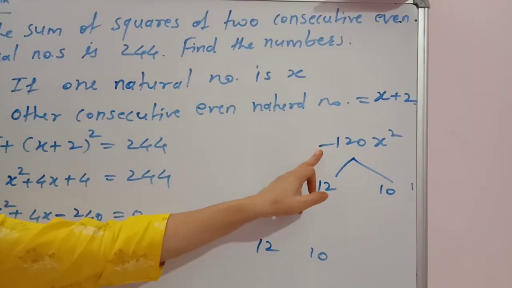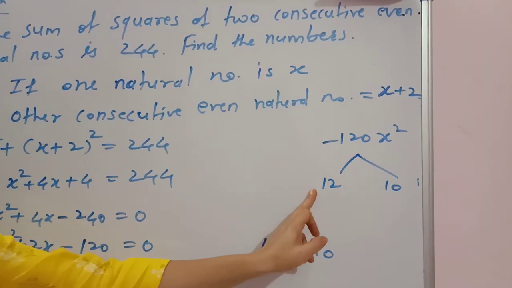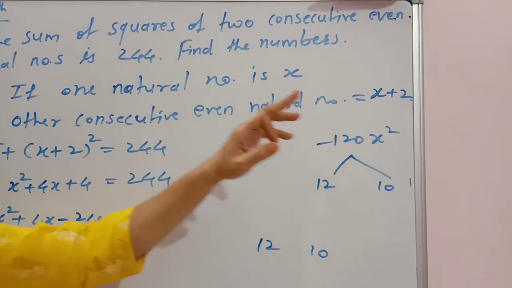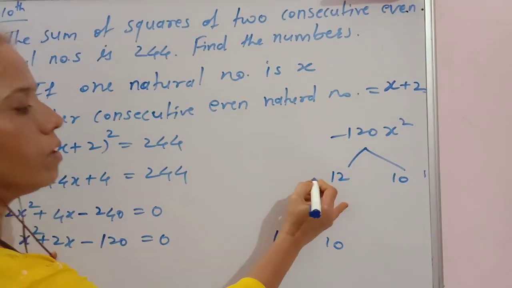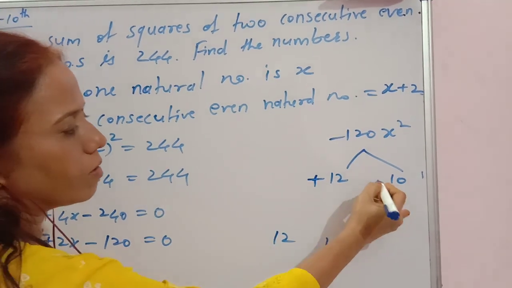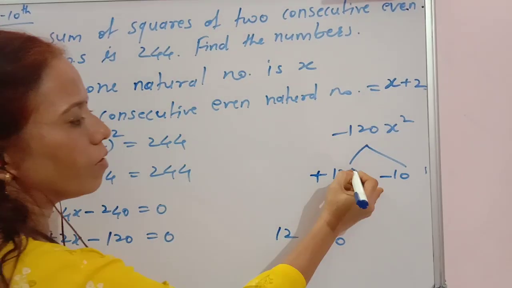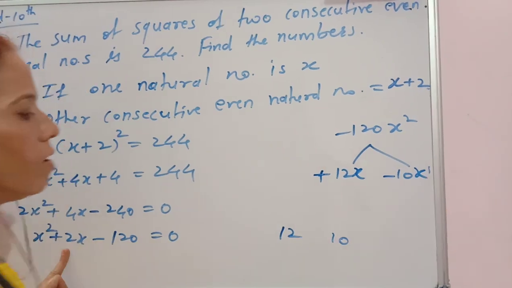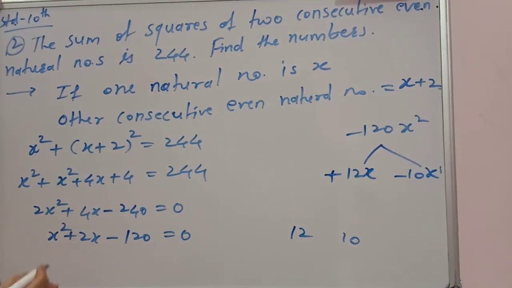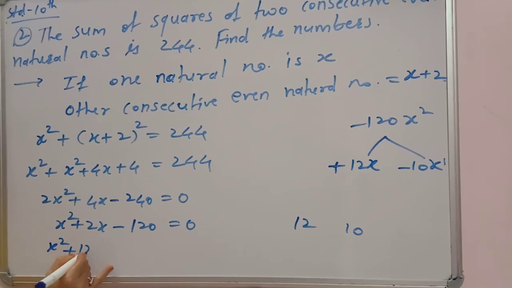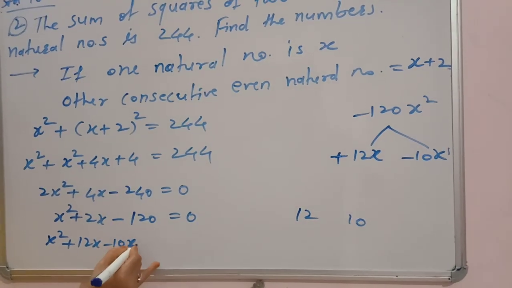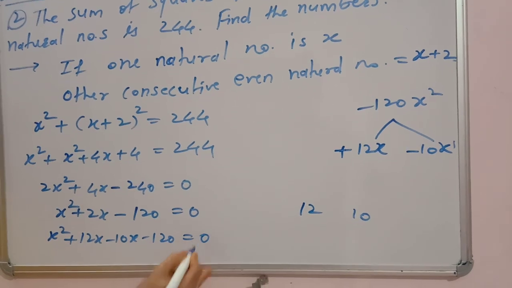The product is negative, so one factor is positive and the other negative. The middle term is positive, so the bigger factor will be positive and the smaller factor negative. So write 12x minus 10x instead of 2x: x square plus 12x minus 10x minus 120 equal to 0.